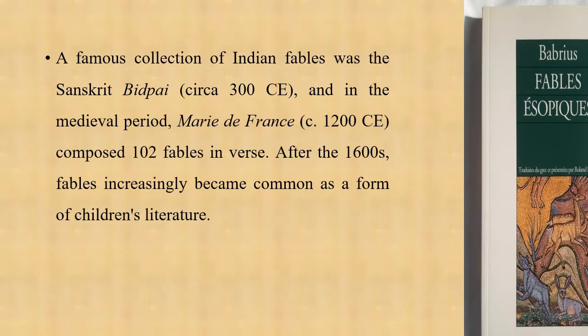A famous collection of Indian fables was the Sanskrit Bidpai, and in the medieval period, Marie de France composed 102 fables in verse. After the 1600s, fables increasingly became common as a form of children's literature.